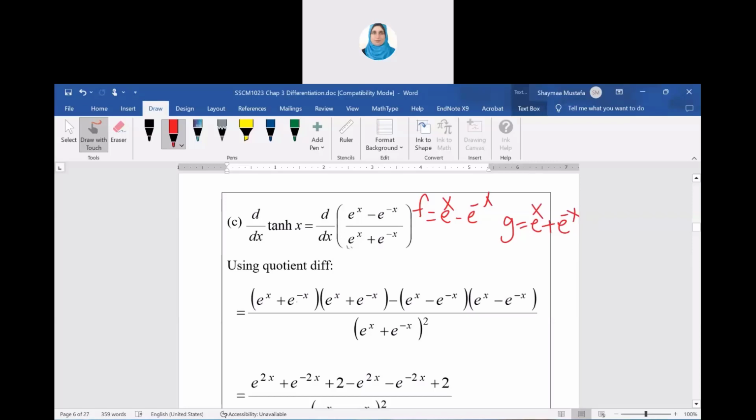So now to apply the quotient rule, I need to find the derivative for f first and then the derivative for g.